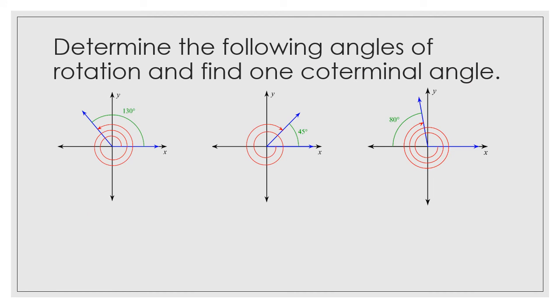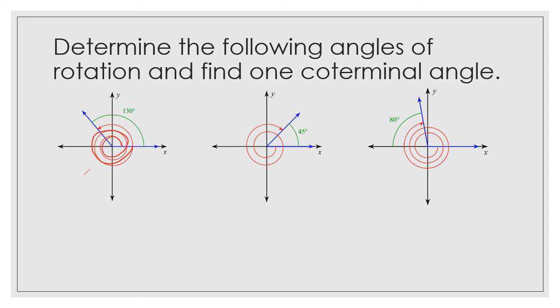So determine the following angles of rotation and find one coterminal angle. So if I look at these, this one's going to be positive because I'm starting above my x-axis. If I follow this revolution, I'm going around 2 full times. So I've gone around the entire coordinate plane twice, which means that I have at least 720 degrees there.